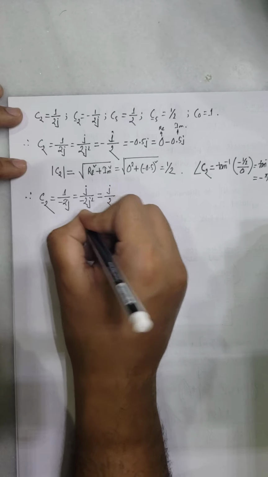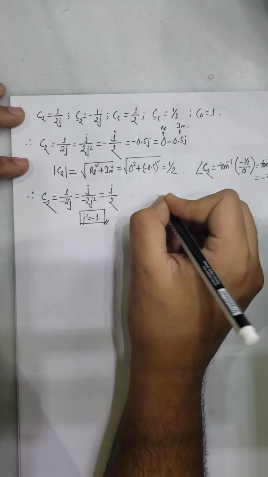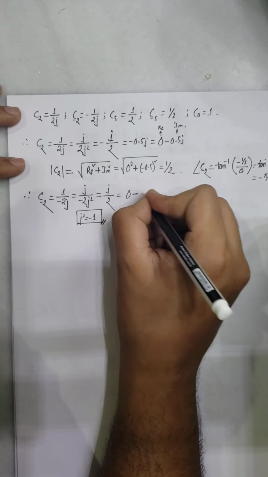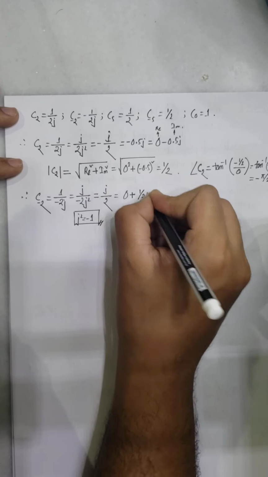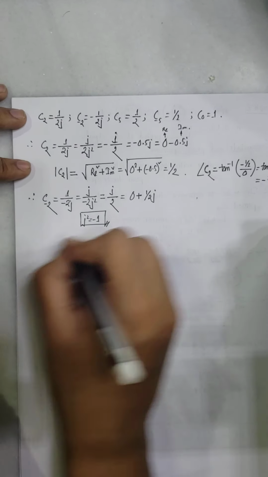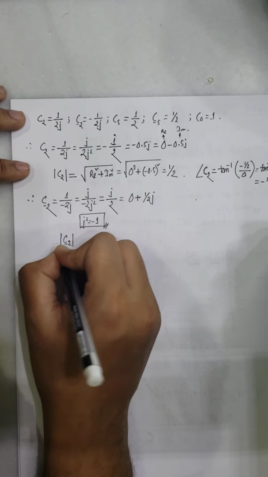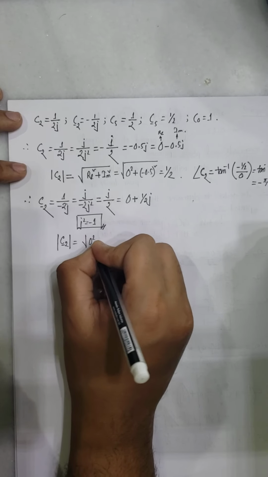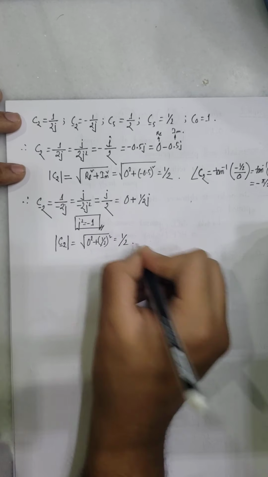Obviously j squared equals minus 1, we all know that, and this in turn becomes 0 plus 1/2 of j, and consequently the magnitude of C of minus 2 becomes root over 0 squared plus half squared, which is equal to 1/2.